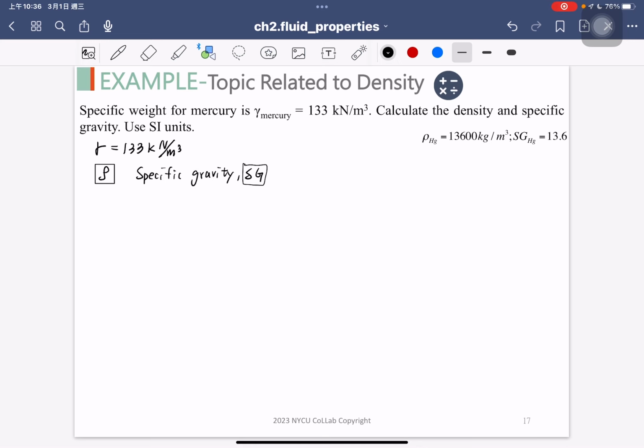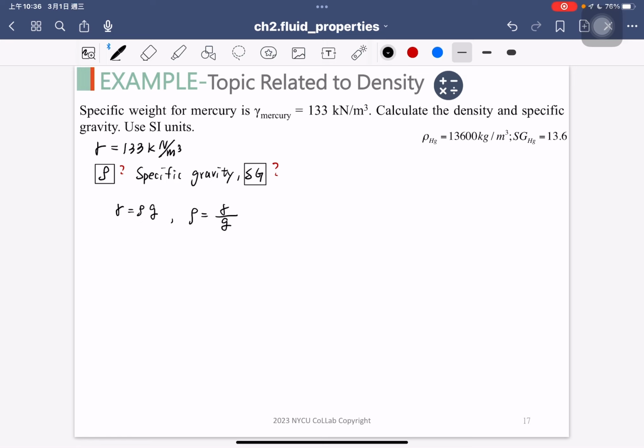So we need to answer the two unknown parameters: one is the density, another is the SG value. Based on the specific weight equation, we know that gamma equals rho g. So the first problem is quite simple. We just compute rho equal to gamma divided by gravity, right?